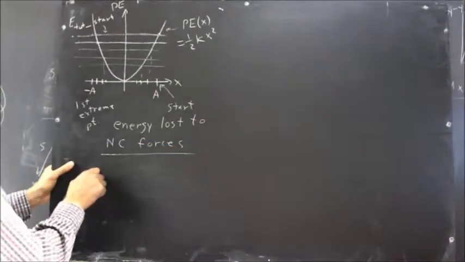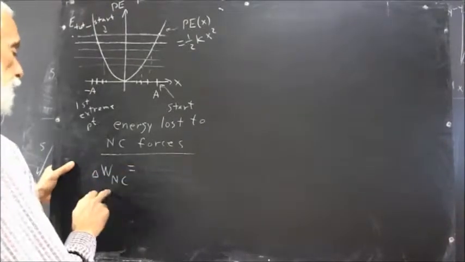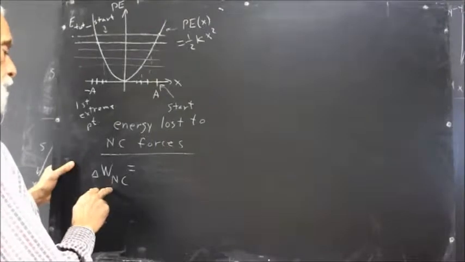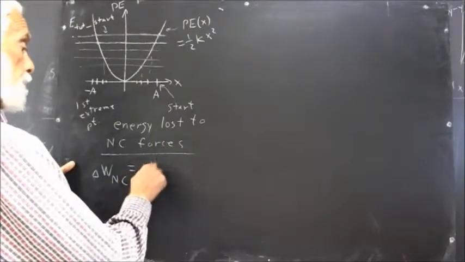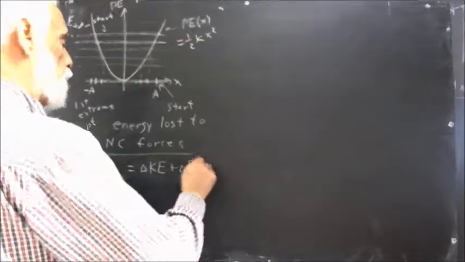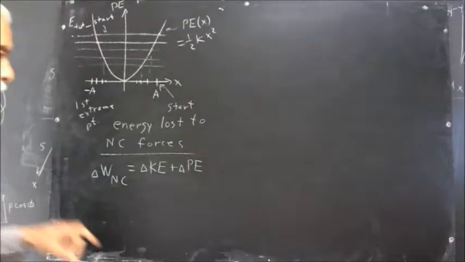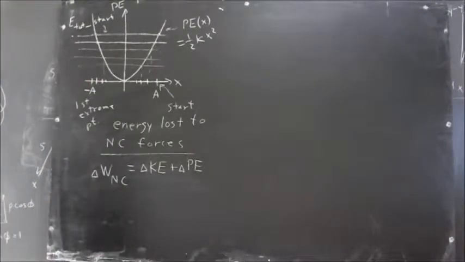You remember that if non-conservative forces are doing negative work on the system, then delta KE plus delta PE will progressively decrease.